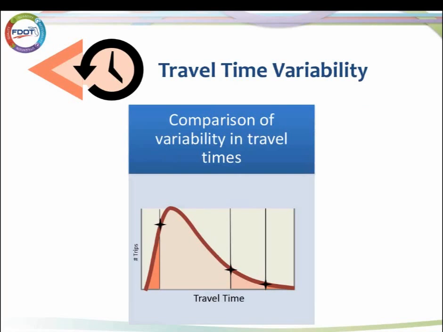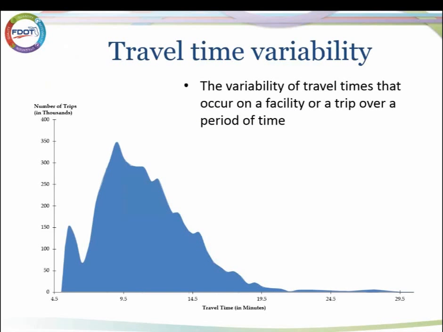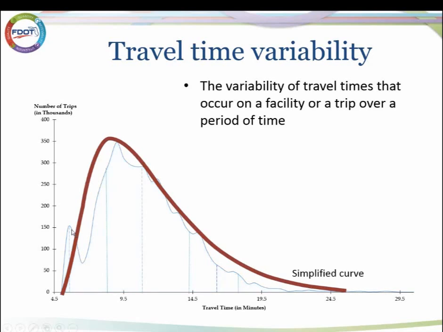And so that was travel time reliability. There's also travel time variability, and we're using that term to describe this other aspect of travel time reliability. This is actually real data of a heavily congested facility, and what it's showing probably is a free flow time somewhere in the neighborhood of about 5 minutes.